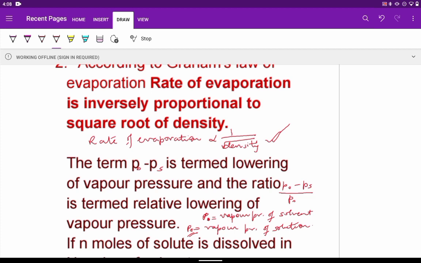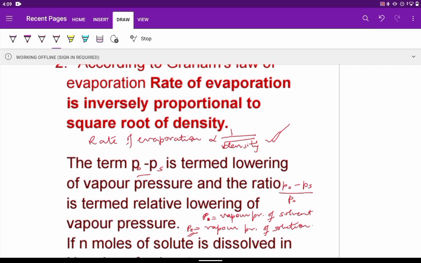Now, before relative lowering, first let us explain what is lowering of vapor pressure. Lowering of vapor pressure is PO minus PS. What is PO? PO is the vapor pressure of pure solvent. When it is present in the solution, then PS is the vapor pressure of the solution, because here solute is non-volatile.